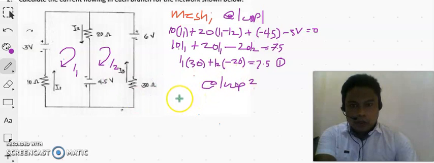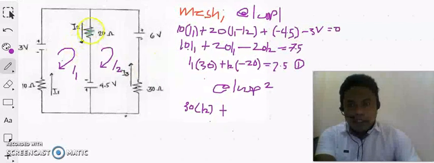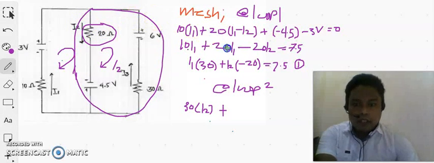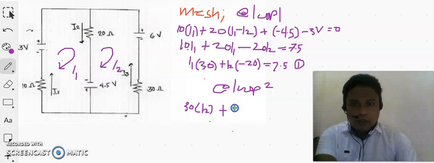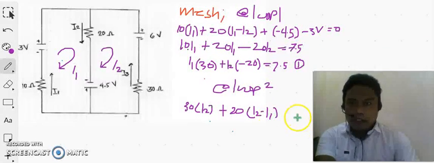So at loop 2, this is 30 multiplied by I2, plus the current flowing through the 20 ohms resistor with reference to this loop, which is I2 minus I1. So we have 20 times (I2 minus I1).